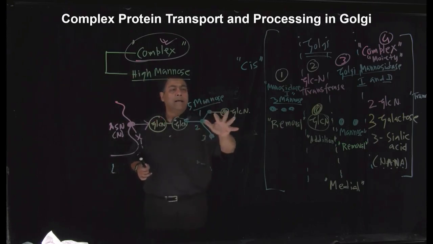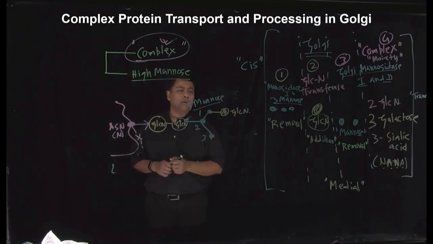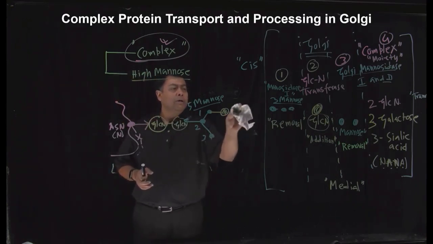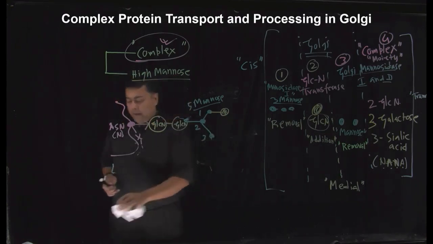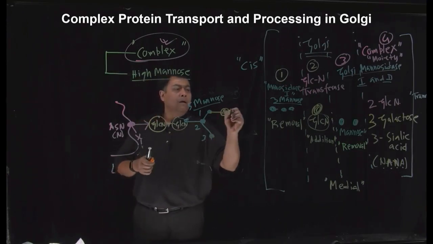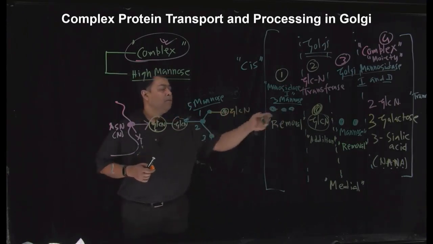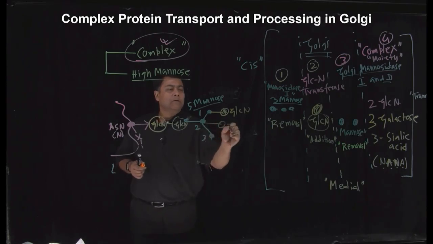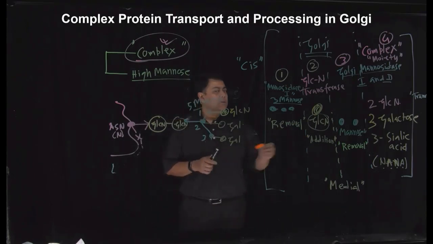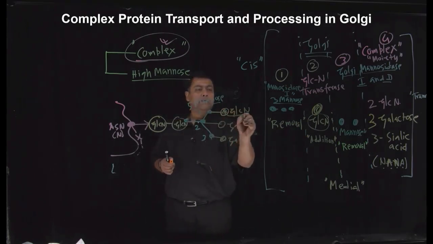This is what I said is basically the basic structure of how your complex sugar will be. So how the complex sugars are attached to those, just remember that you have already right here GlcNAc. So first you are going to attach 2 galactose, on top of the galactose, and a galactose right here.